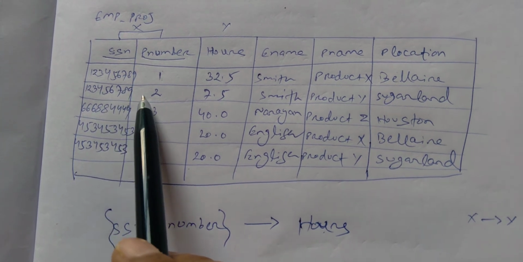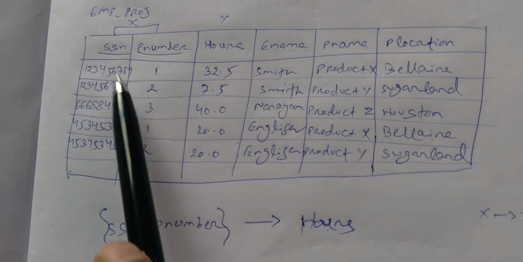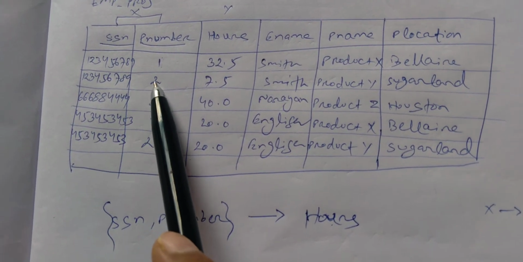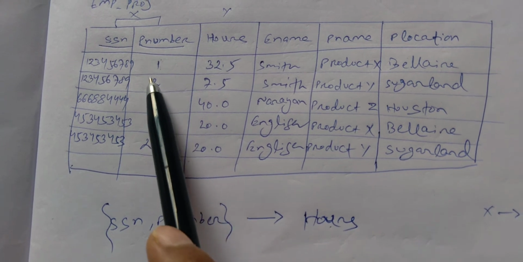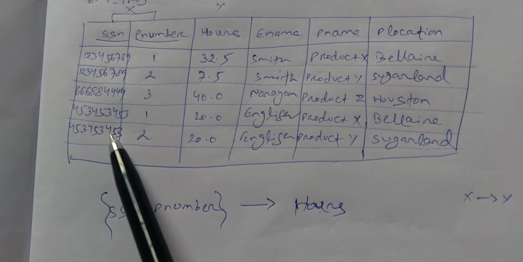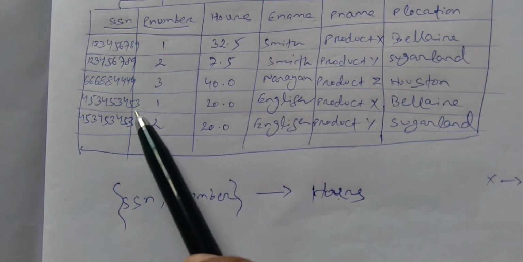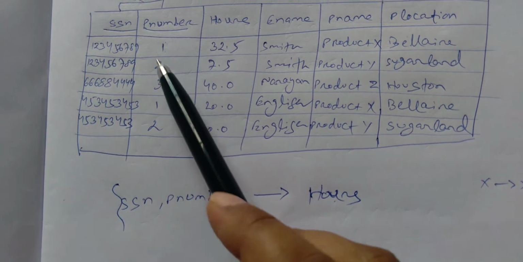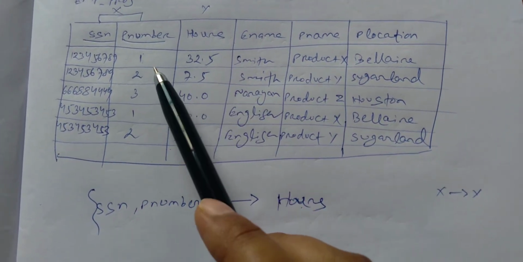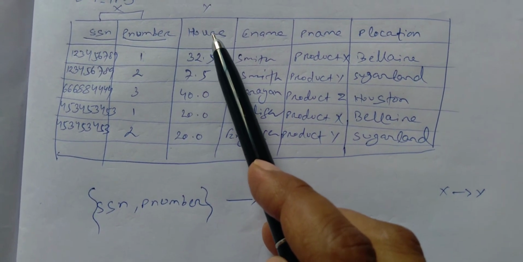No, it's not repeated. So fine. Now check with this: P number is 2. Whether this is repeated anywhere else? No, so no problem. None of the rows are repeated, so it's fine. You can take this as a valid functional dependency between SSN P number with hours.